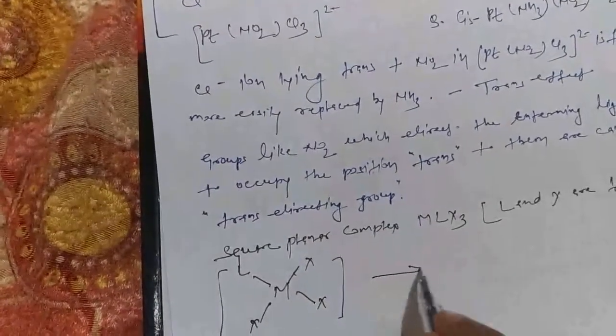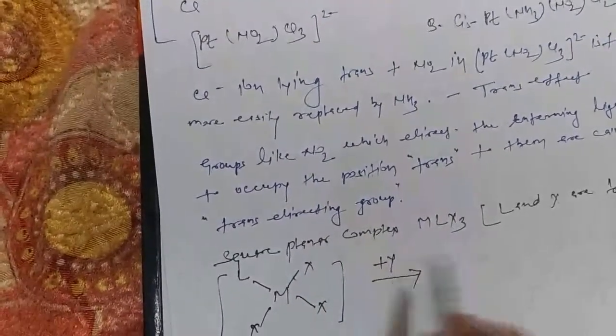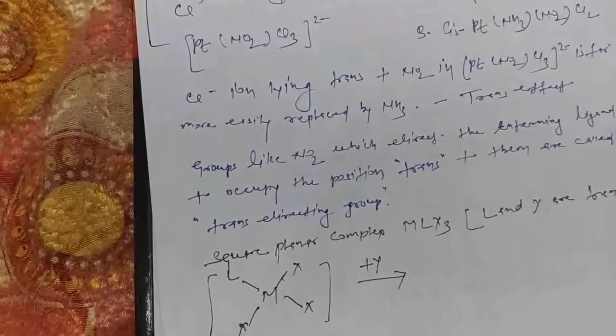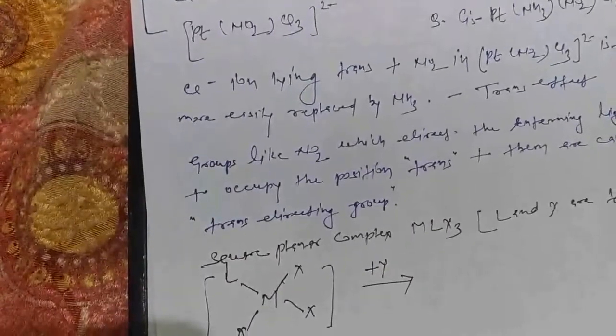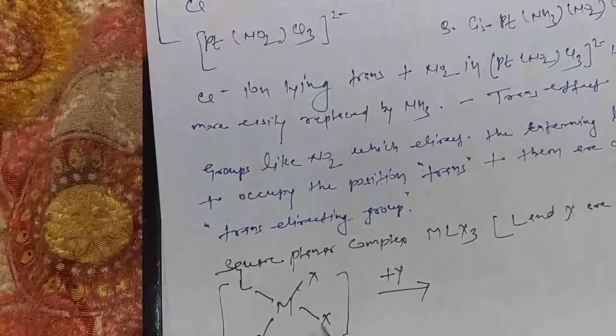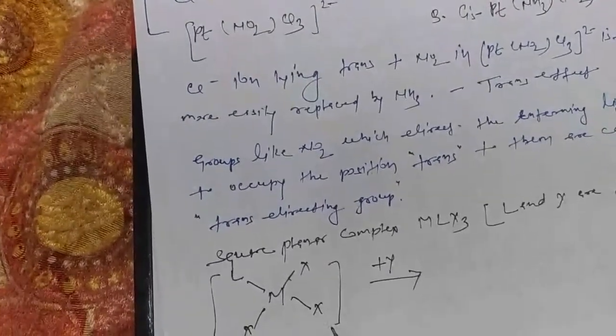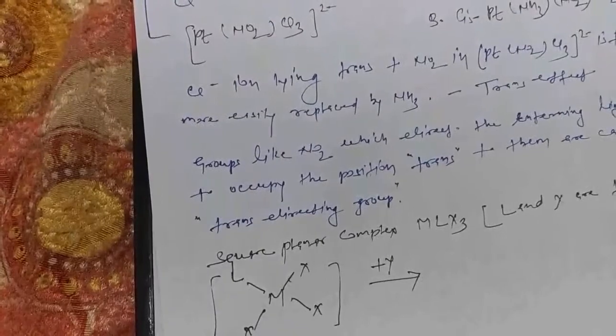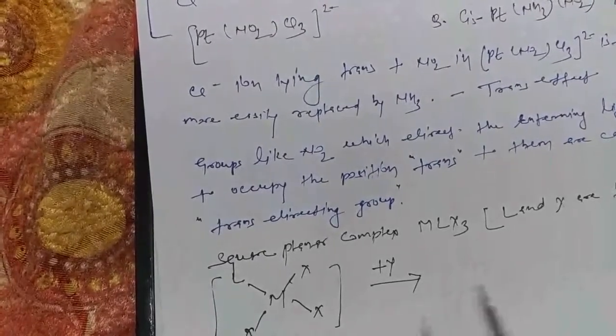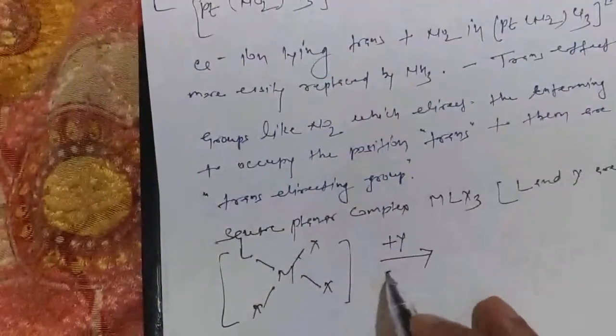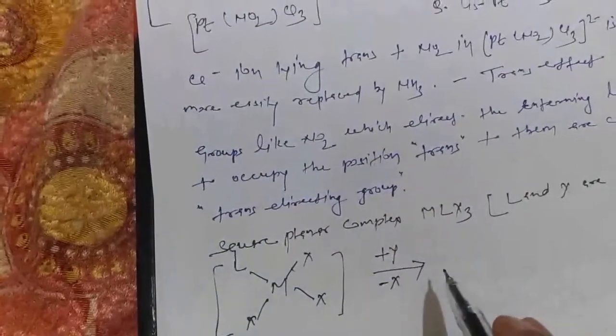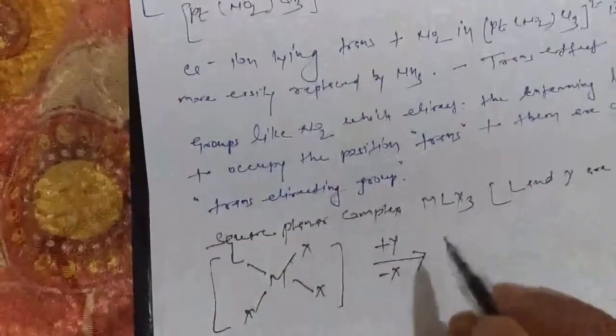Suppose we have a ligand Y. If the ligand X, which is trans to L, is rapidly replaced by another group, say Y, it will give you MLX2Y.